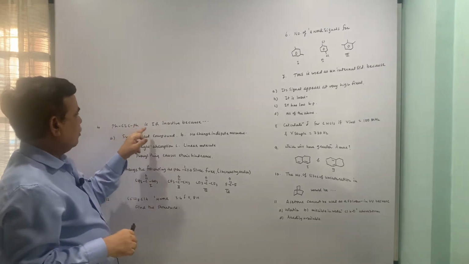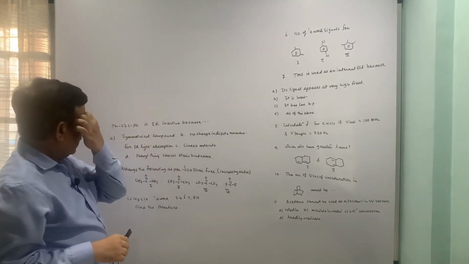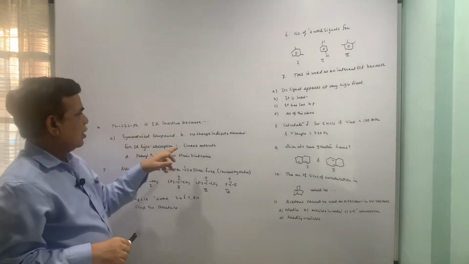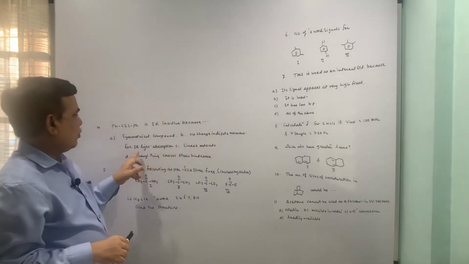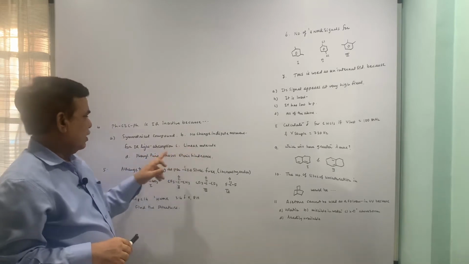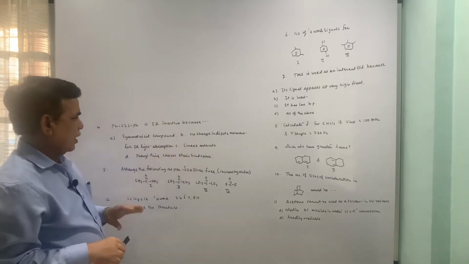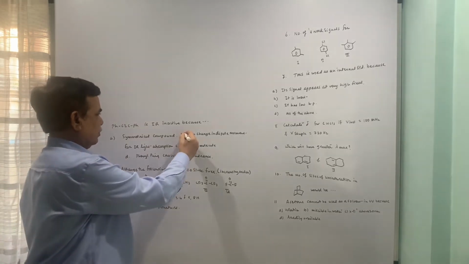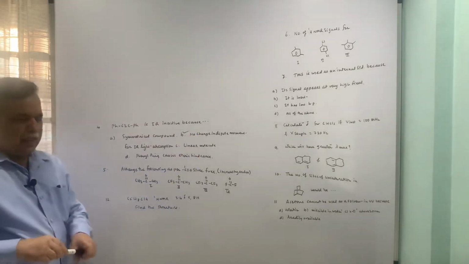Now this molecule is IR inactive because it is a symmetrical compound, no change in dipole moment for IR light absorption, a linear molecule, and the phenyl ring causes steric. So IR inactive means the second option is correct.